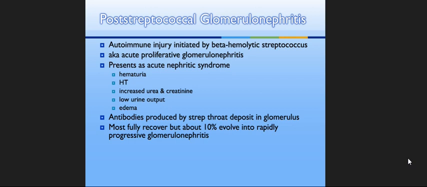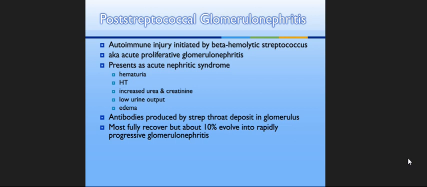In acute nephritic syndrome, we have hematuria, we have hypertension, we have declined kidney function by increase of urea and creatinine. We have low urine output, diminishing urine quantity, and as a consequence, we have edema, accumulation of fluids.